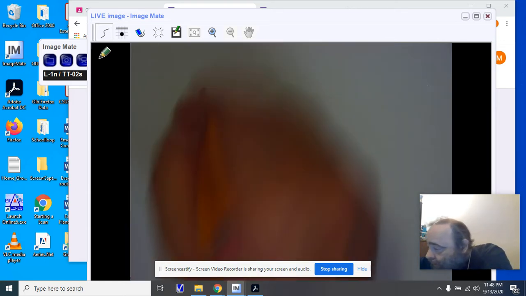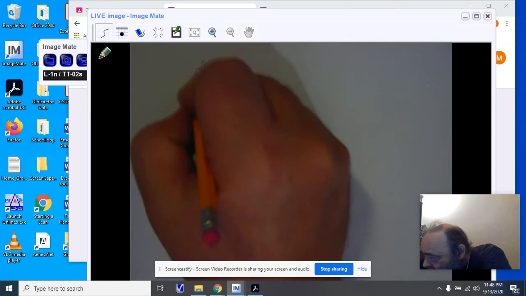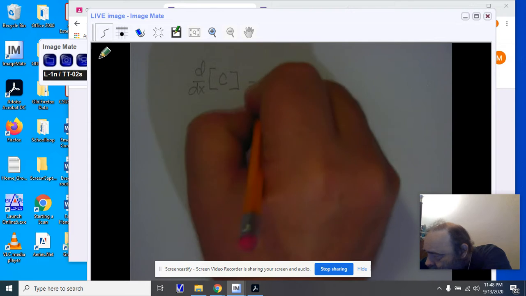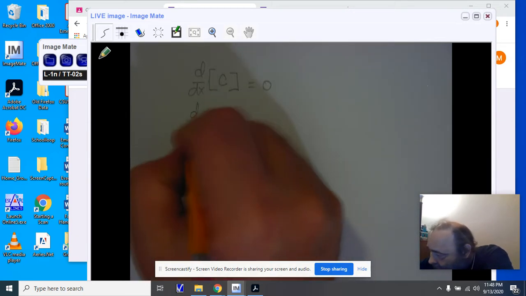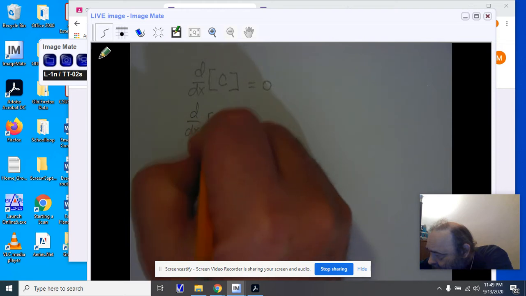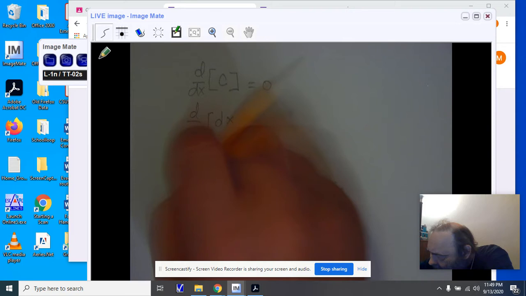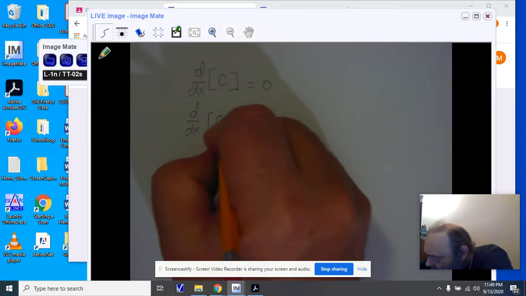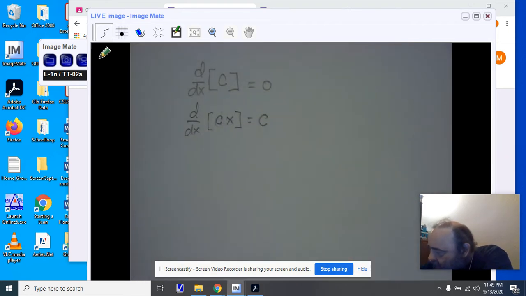So let's start off with the basic rule that says the derivative d dx of a constant is zero. We've seen that quite a bit. We have the derivative d dx of some constant times x. Let's go ahead and change that to a c, is just c.